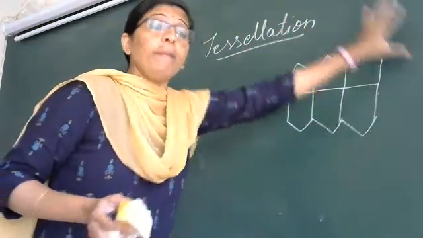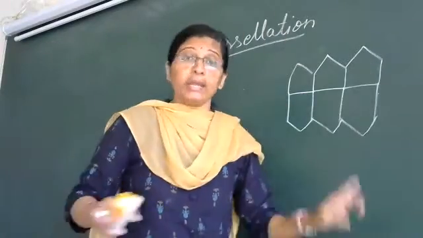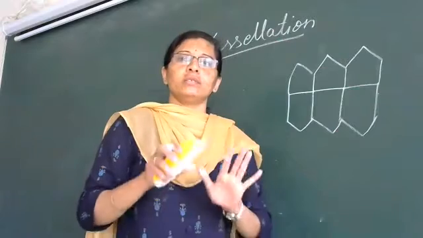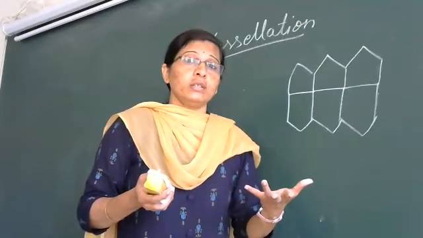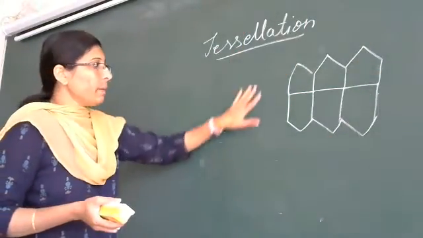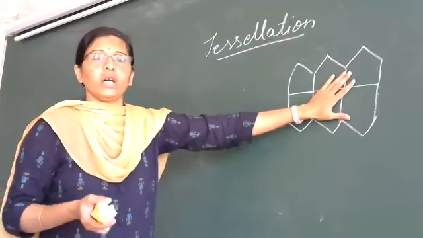Not plain paper, plane shape, plane shape. On a plane means you can draw in your notebook also. In a plane. So this board is a plane. Your notebook is a plane. You have learned about plane, no? What is plane? So this is a plane. In that plane, we are drawing a figure.